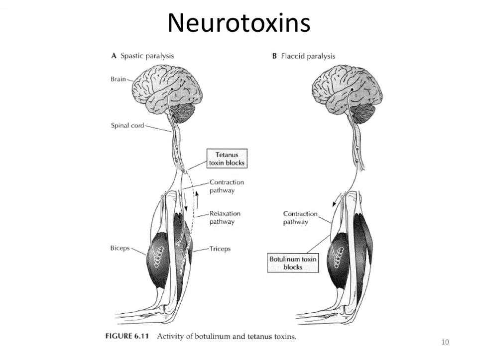Let's think a little bit about two different kinds of neurotoxin. Tetanus toxin on the left and botulinum toxin on the right. Tetanus toxin is made by Clostridium tetani, and botulinum toxin is made by Clostridium botulinum.